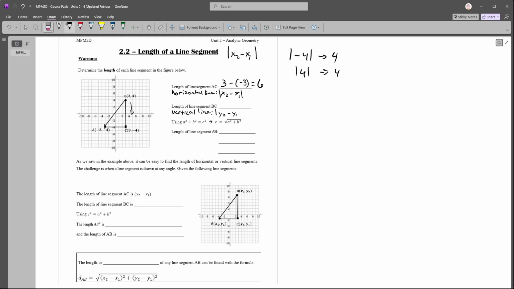There we go. Let's get our straight line back in there. So that means our y2, which is negative 4, and we're going to subtract from that 4. Now that would give us negative 8, but if we put that into absolute values, that's saying we have the absolute value of negative 8, which is really just 8. So now we found the length of that line.